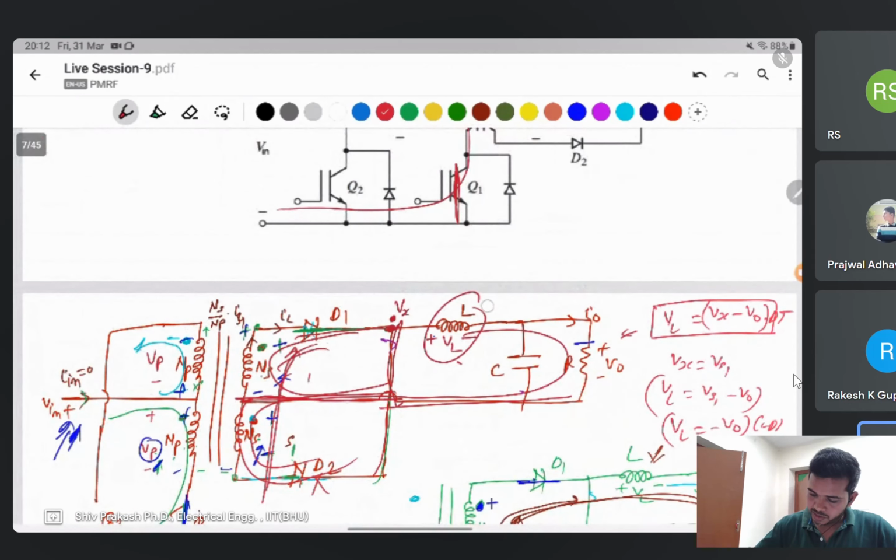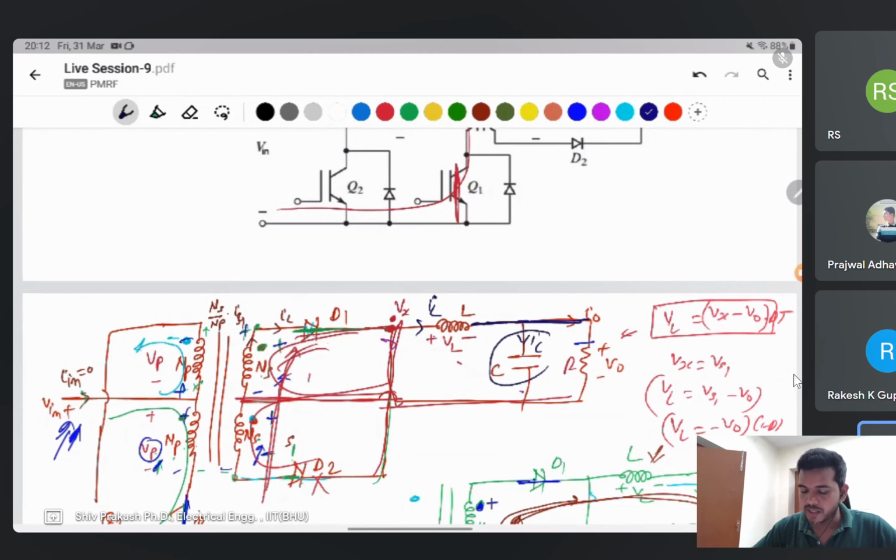Look here, if you take the average of the inductor current as IL, then the average of the capacitor current IC will be 0 from the charge balance, current second balance equation. Then IL, the average of the inductor current, is the same as the average of the output current.